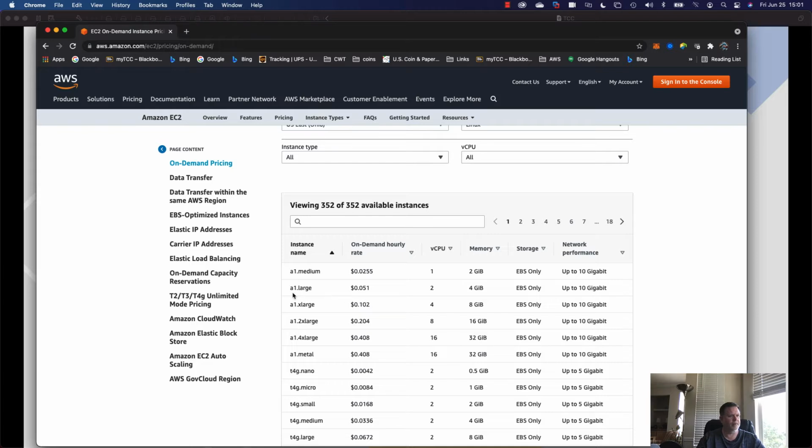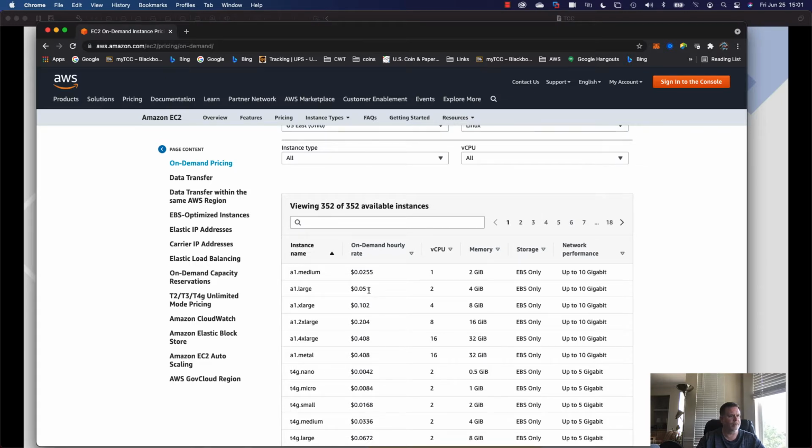So this A1.large is 5.1 cents an hour. So for every hour that you run this server, you're charged 5 cents, basically. And it comes with 2 CPUs, 4 gigs of memory, and it uses EBS for storage, and it has a 10 gig network connection, right?